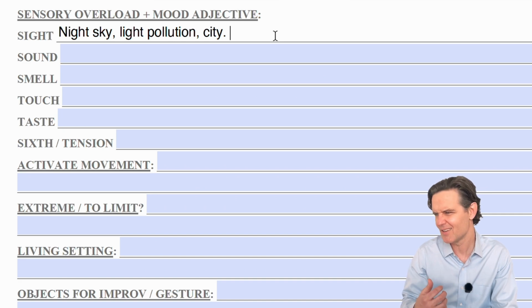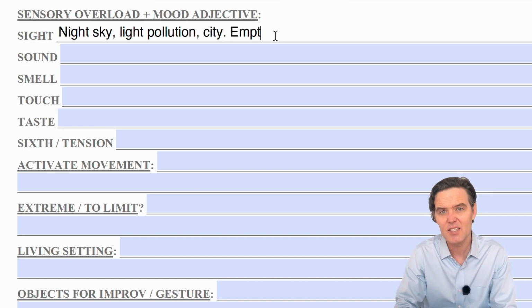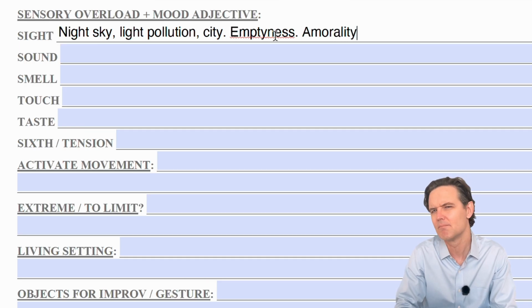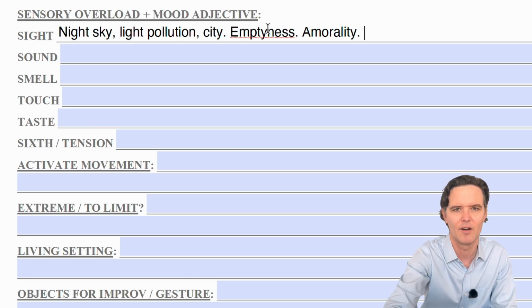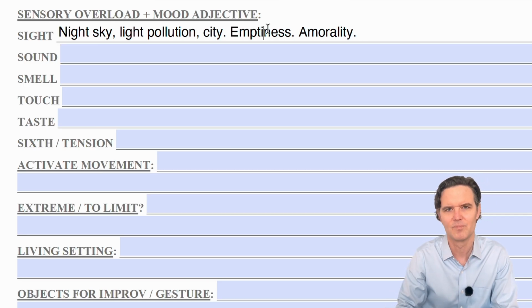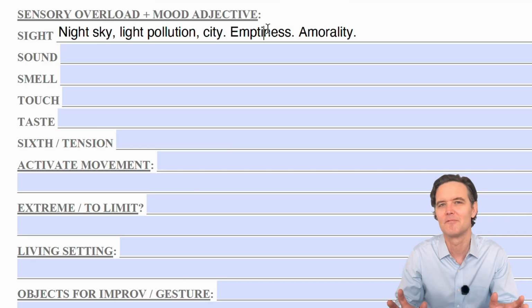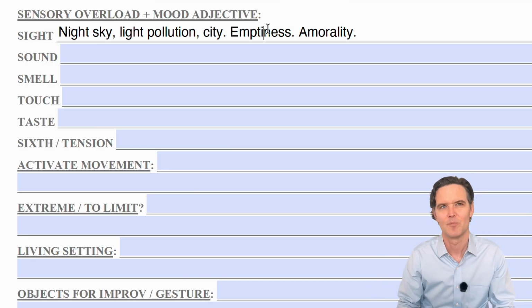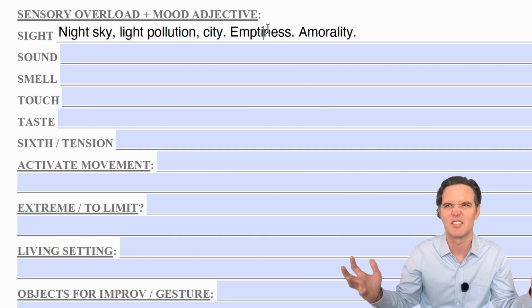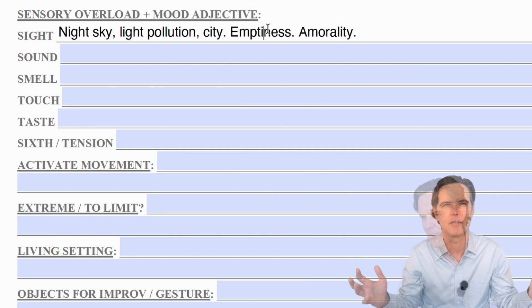So for me, there's a sense of emptiness and somehow amorality too. There doesn't feel like there's a right and wrong up here. This is for me. This is fun. Maybe that'll never come across, but I like the sense of this emptiness.